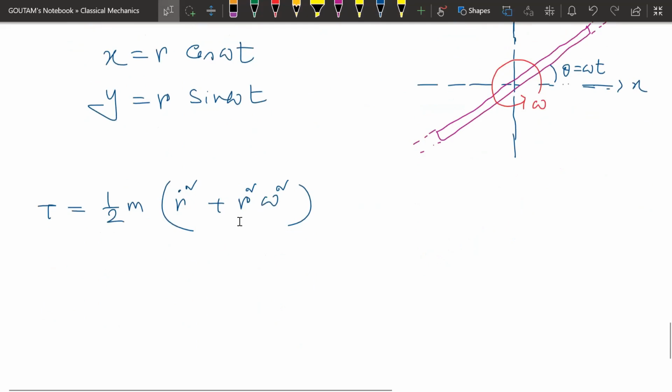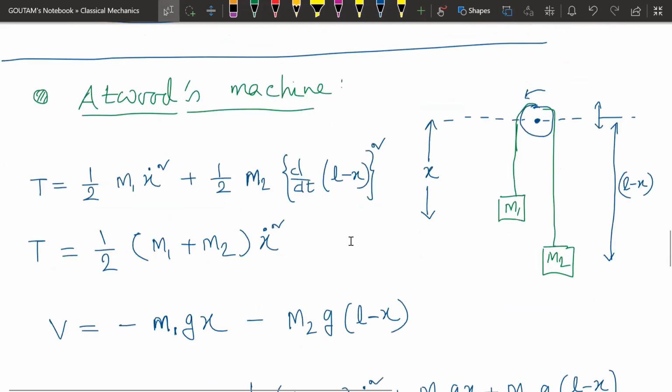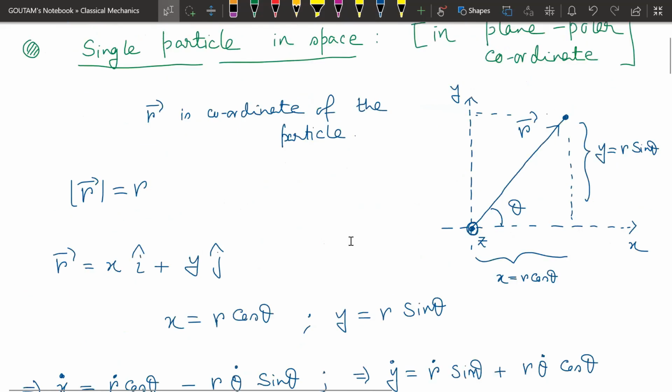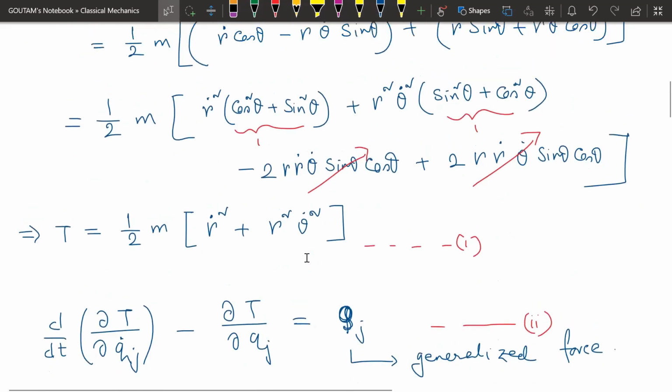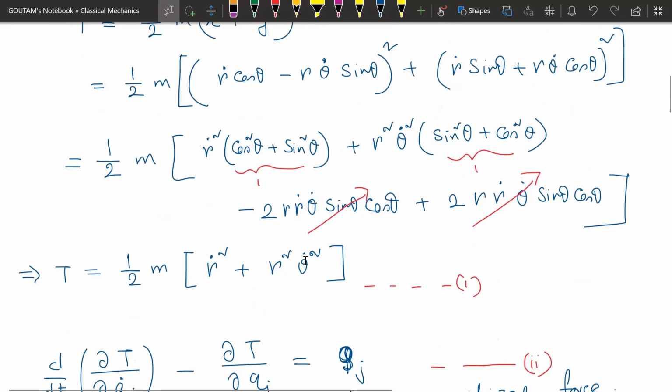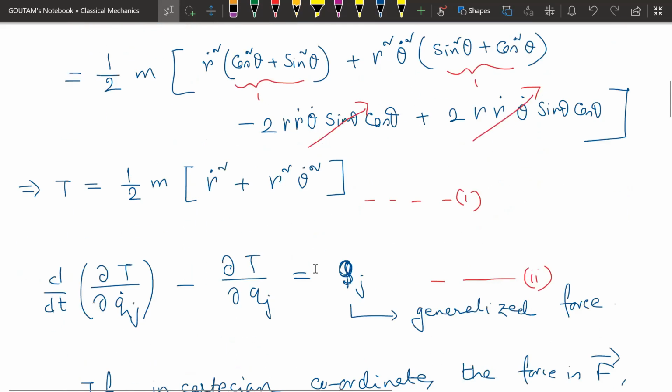So you can derive it in the same way we derived the kinetic energy for the first problem, which is this. So here the theta dot is basically the omega. The rate of change of theta, rate of change of angle, which is the angular velocity, omega. So the kinetic energy is half m r dot square plus r square omega square.